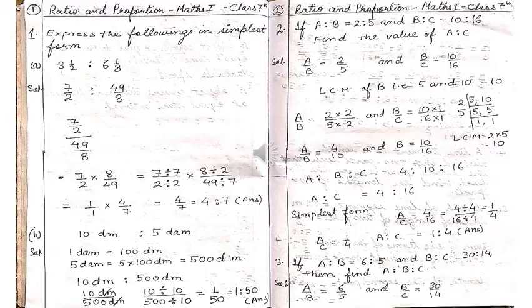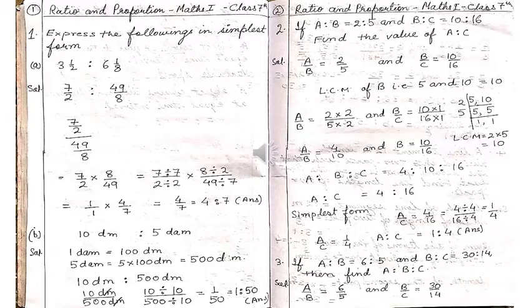Now here 10 decimeter is to 5 decameter. Now 1 decameter, you have already studied this in class 5th in the measurement chapter. So 1 decameter is equal to 100 decimeter. Now 5 decameter is equal to 500 decimeter.